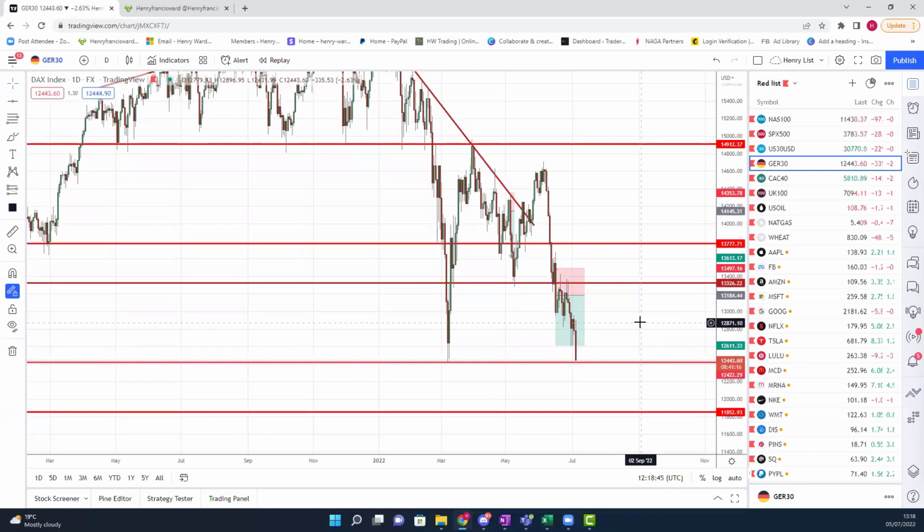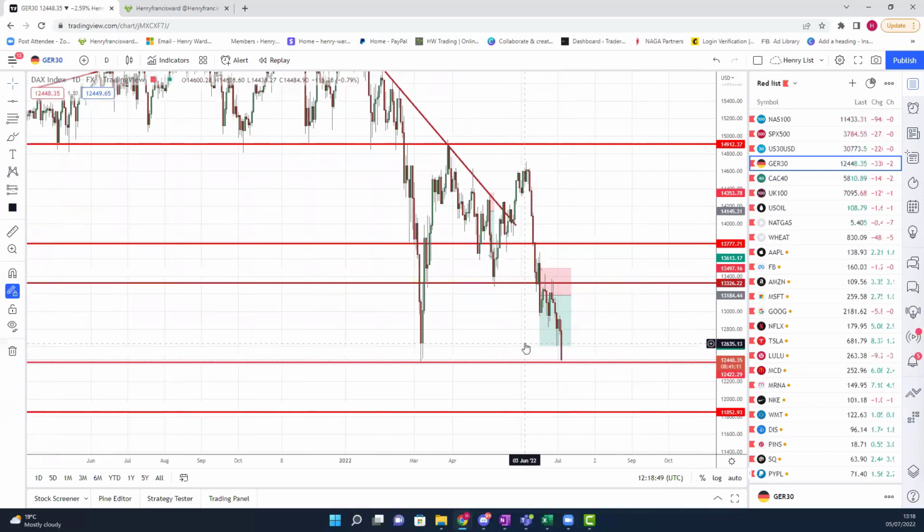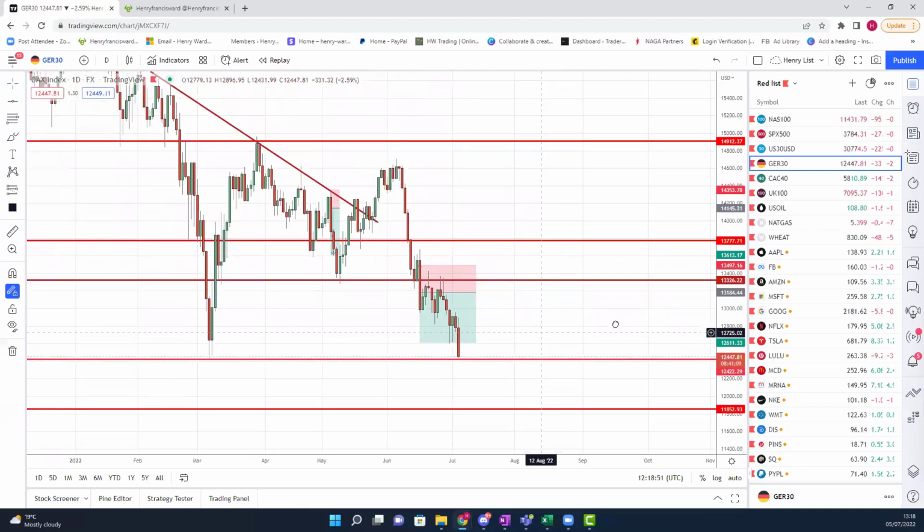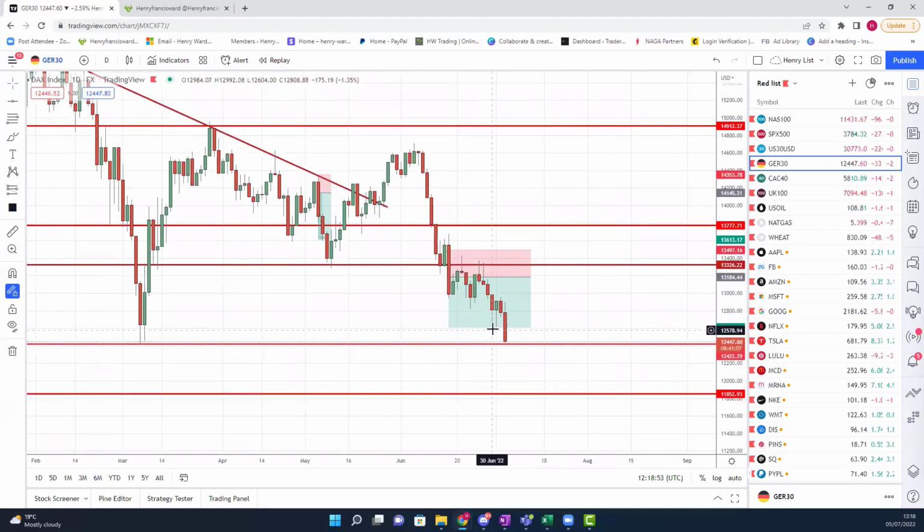Now don't be surprised if by the end of the day we have quite a big wick on the end of this. Look at these two, we have a big wick on them. Don't be surprised if we have a big wick on this one, or alternatively, it's smashed through the floor.